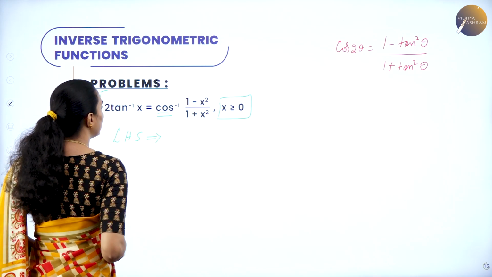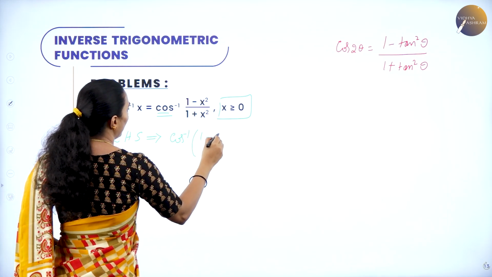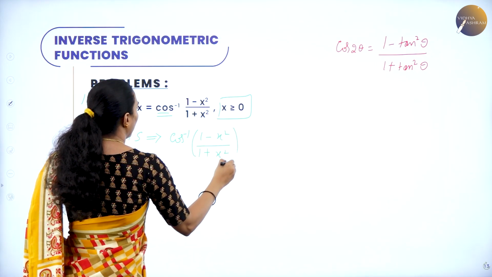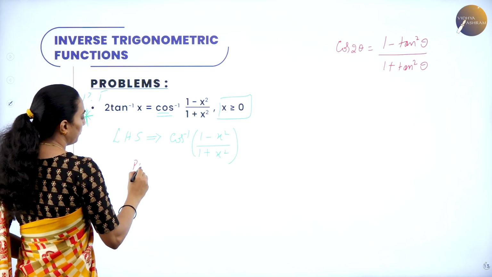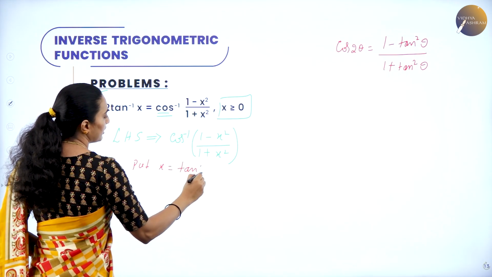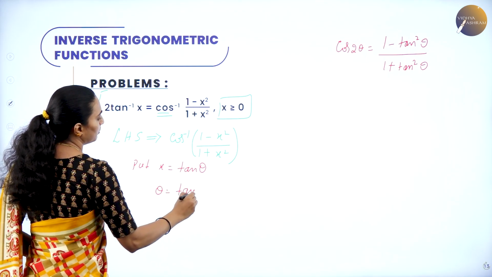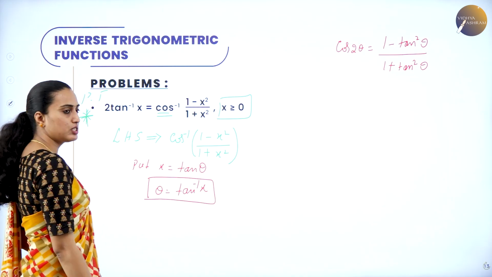That's it. So therefore, taking the left hand side, this implies cos inverse of (1 minus x squared) divided by (1 plus x squared). Now I am going to put x equal to tan theta, correct? If x equals tan theta, theta will be equal to tan inverse x. So therefore at last we can substitute.